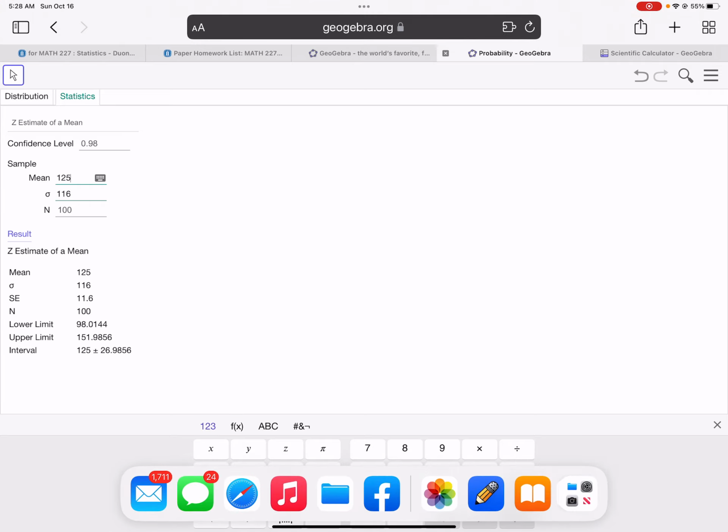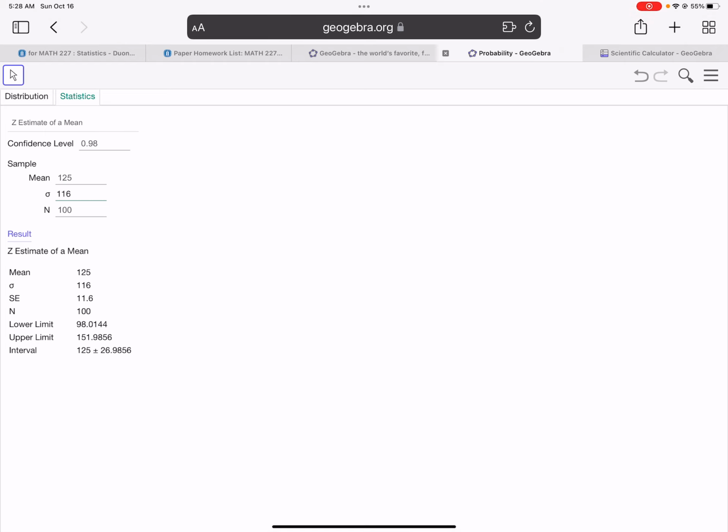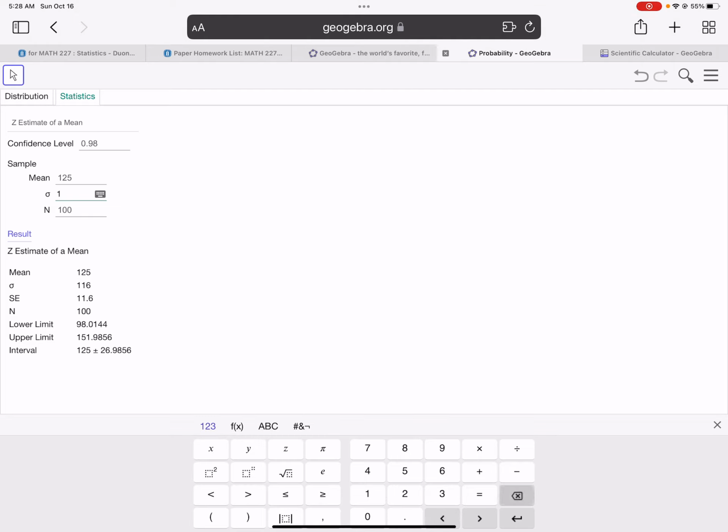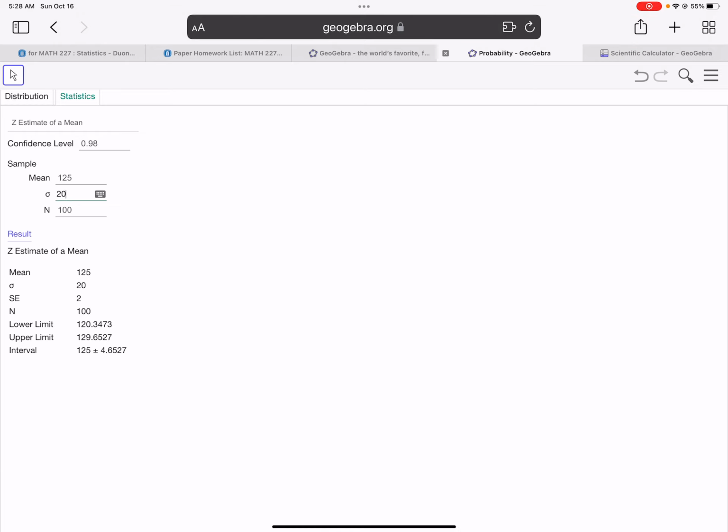And sigma is 20. So you can see that we got the lower limit is 120 and the upper limit is 129. If you want detail, then you look at the last line, 125 plus minus 4.6527. So after the plus or minus, 4.6527 is the margin of error.